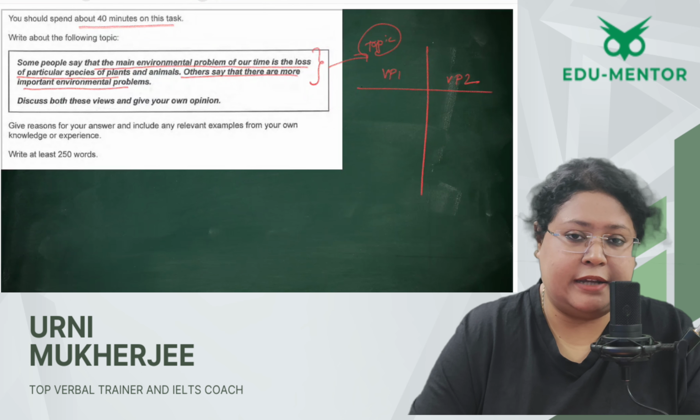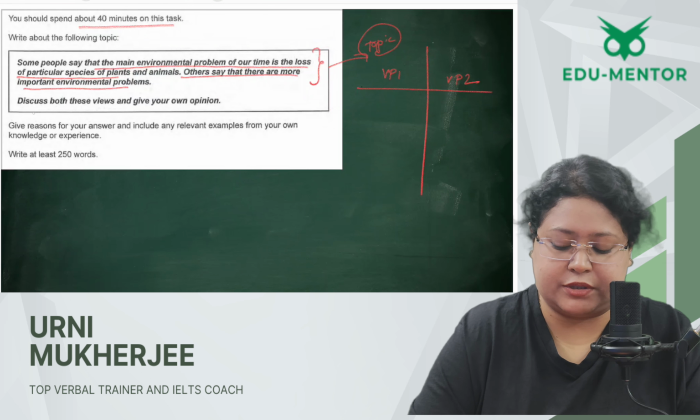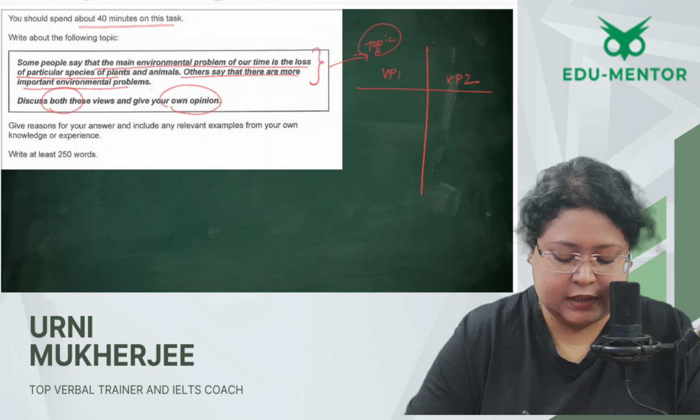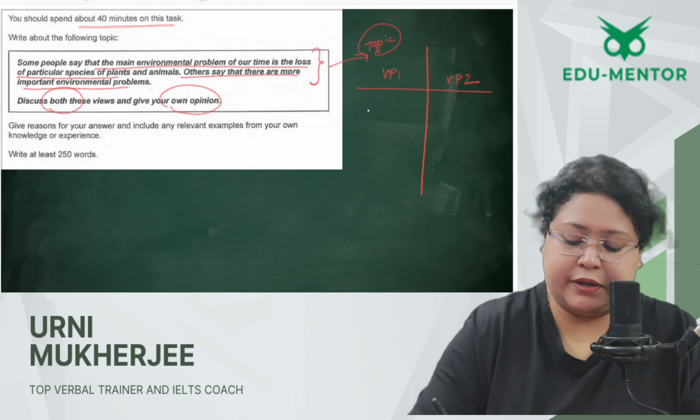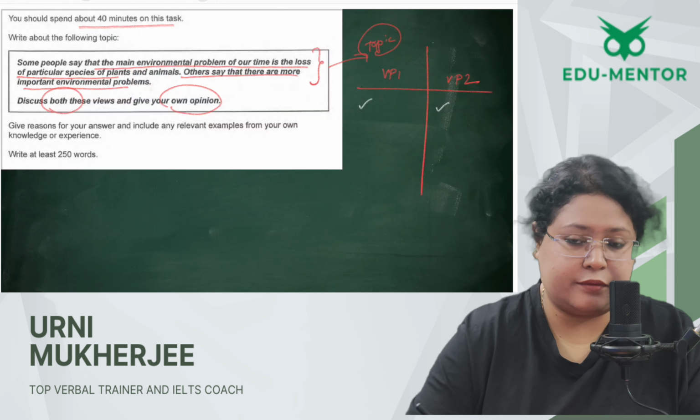Now, we don't yet know which viewpoint you are supposed to support or which you feel like supporting, so we've just given it two names. Now, the question says discuss both views. When they say discuss both views, you simply follow that, right? You have to discuss both the views and give your own opinion, whatever that might be.